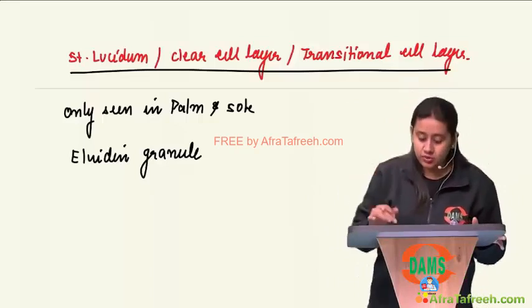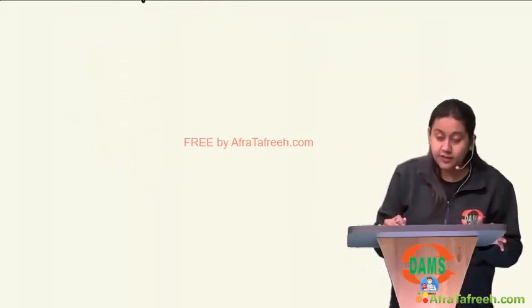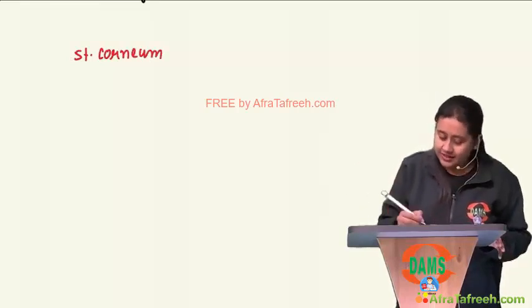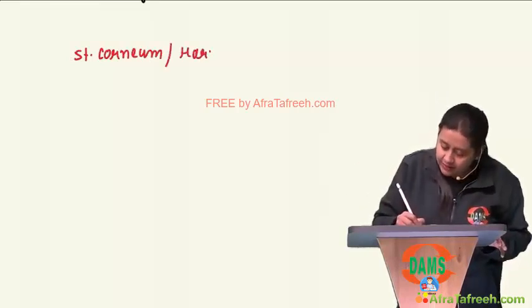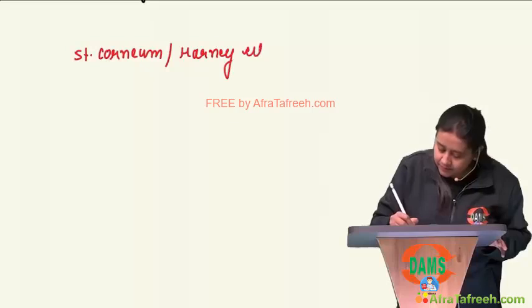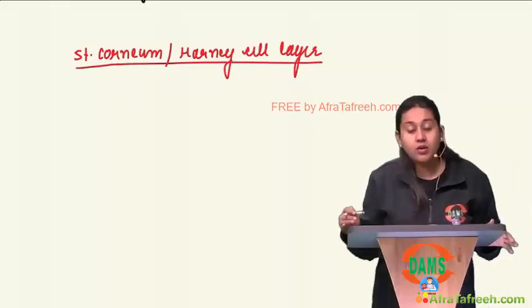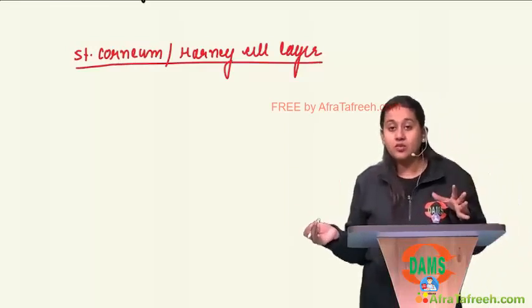After stratum lucidum, the next layer which you see is your stratum corneum, the last layer of your epidermis. We have already discussed that it is known as the horny cell layer. Why is it known as the horny cell layer?